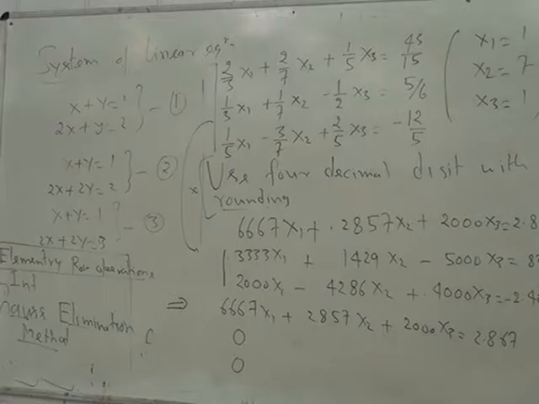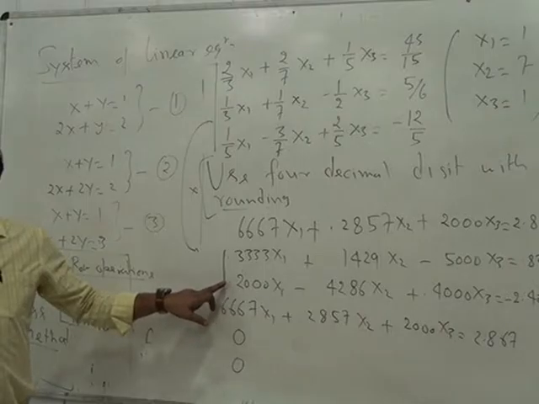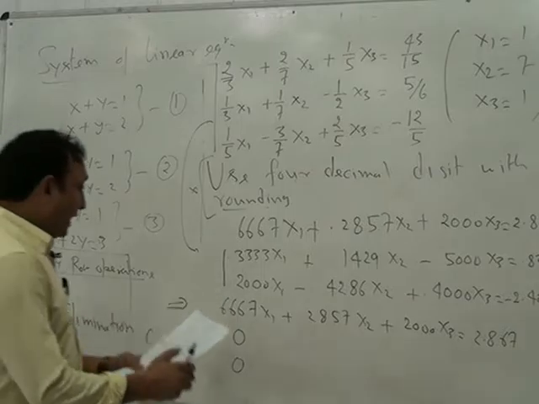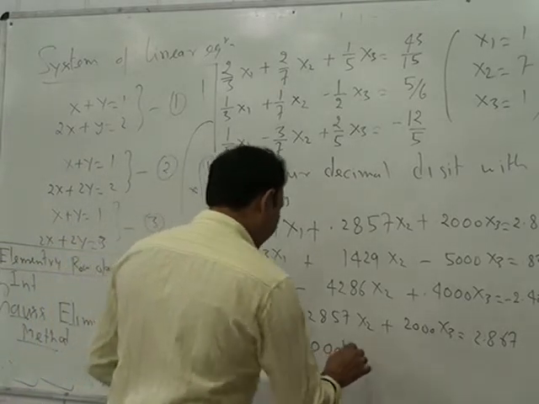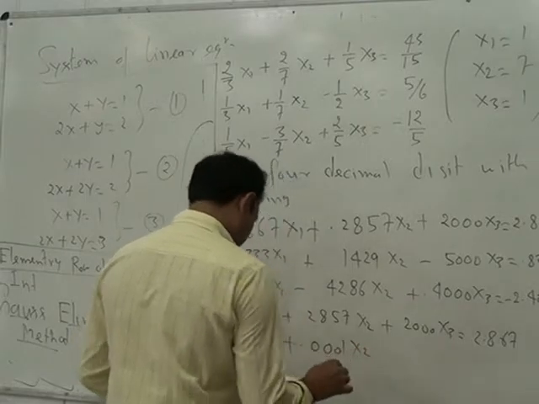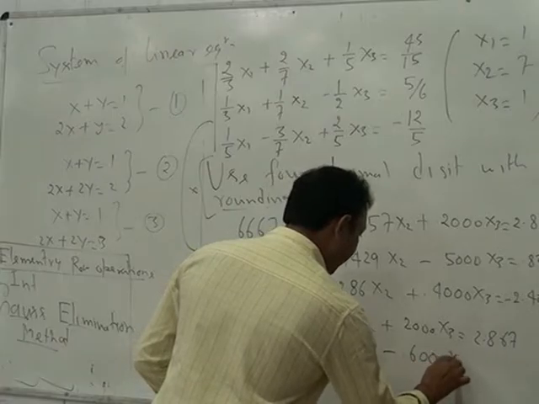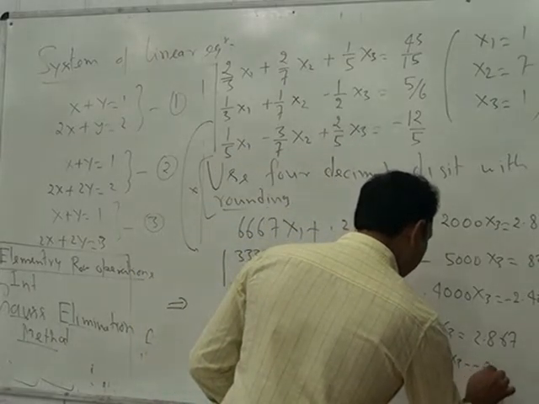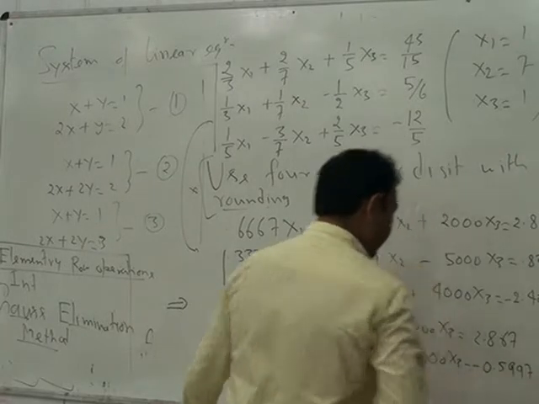Focus on the board. So these two entries, you know how to make it 0, correct? You know it or no? Say yes or no? Yes. And you get the next entry will be 0.001 x2 minus x3 equal to minus some 0.5997.